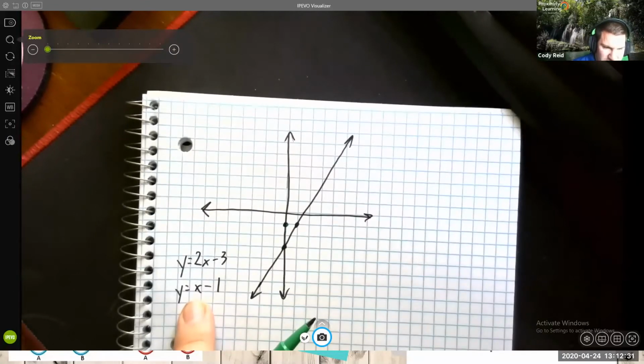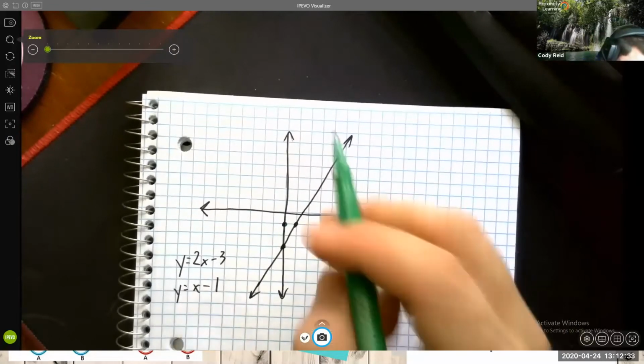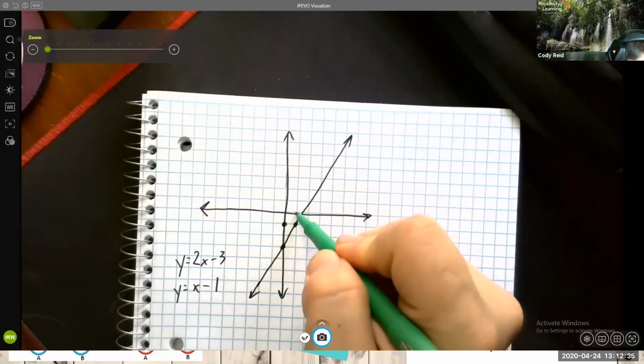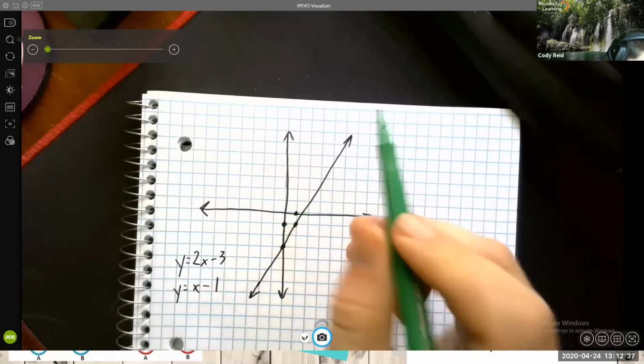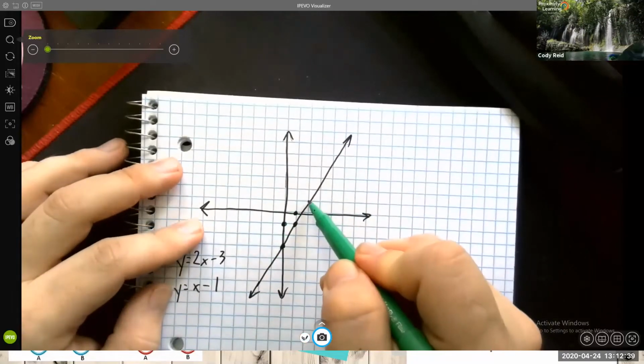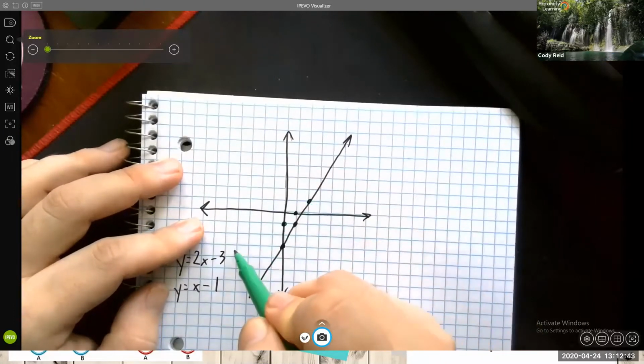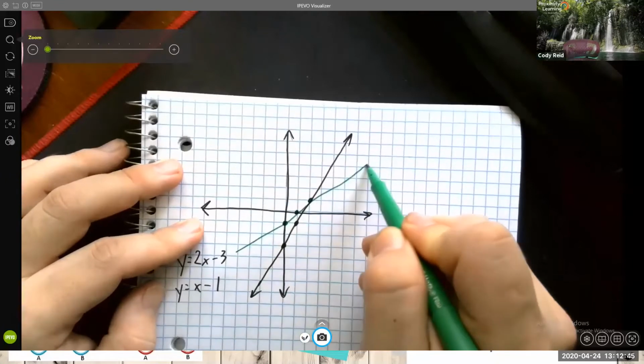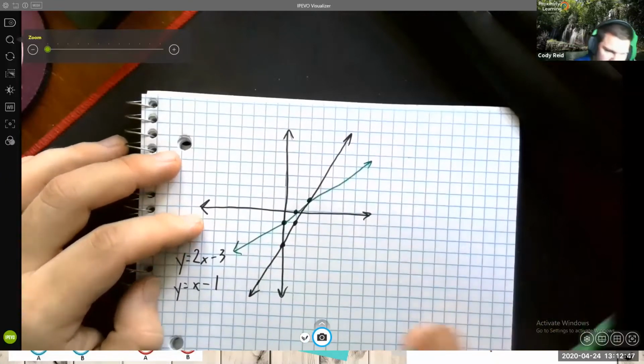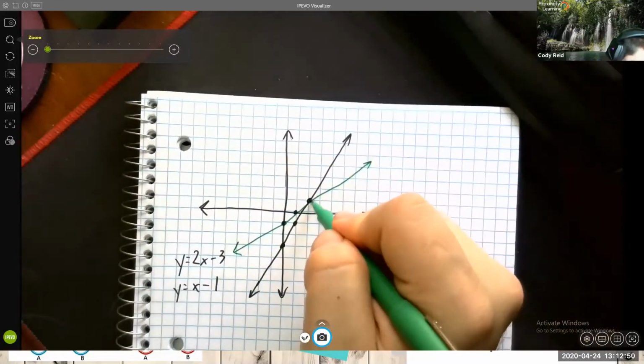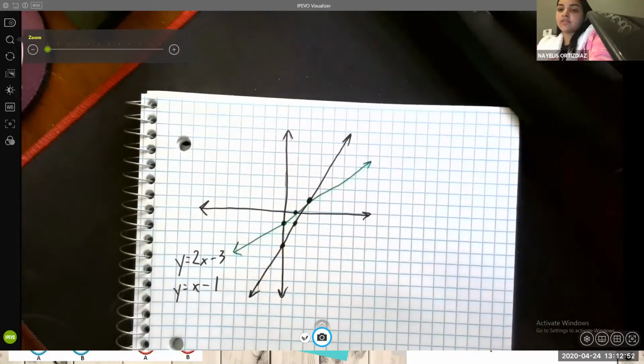The x is 1, so the rise is up 1 over 1. So up 1 over 1. Dot there. And I'm pretty sure they're supposed to meet right there. So draw my line. And wherever these two lines meet, you don't necessarily have to. Is that the solution?